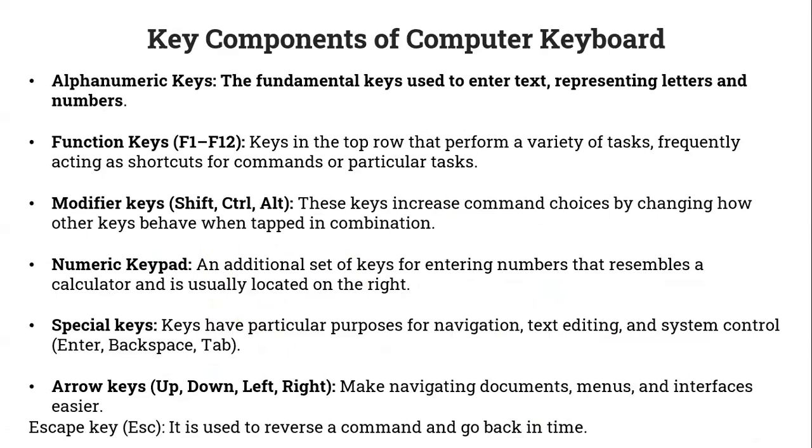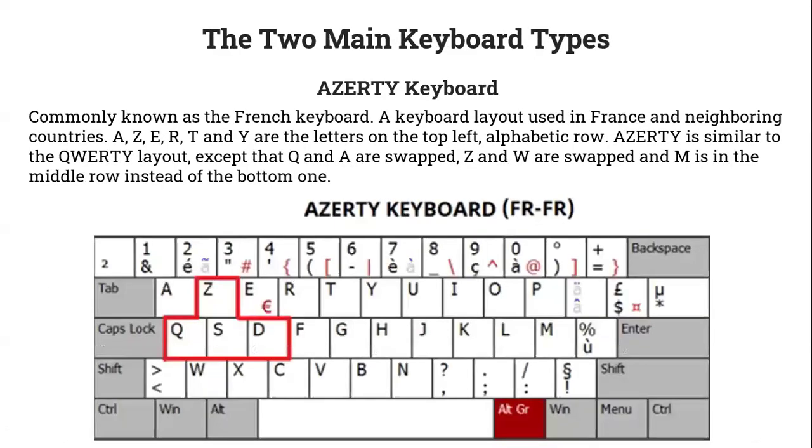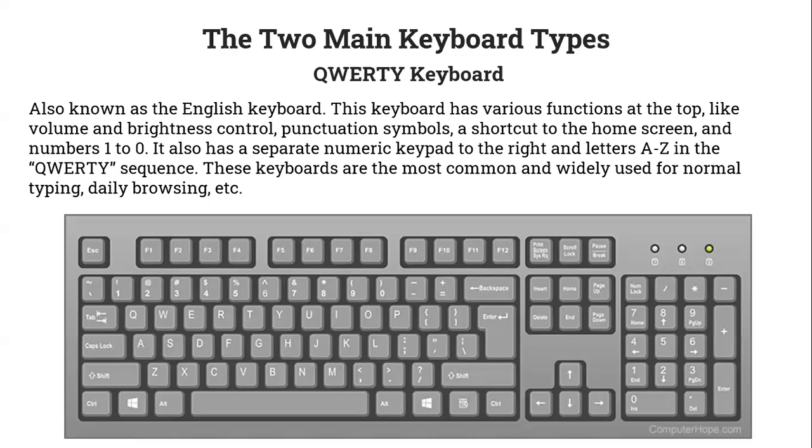Okay. We have the modifier keys. That is, we have the Shift, Control, Alt. Can someone tell me what the CTRL key means? So this key here that we see is just the short form of control.